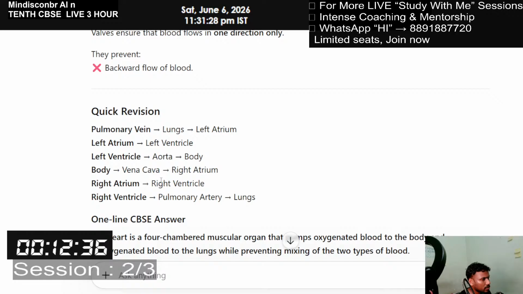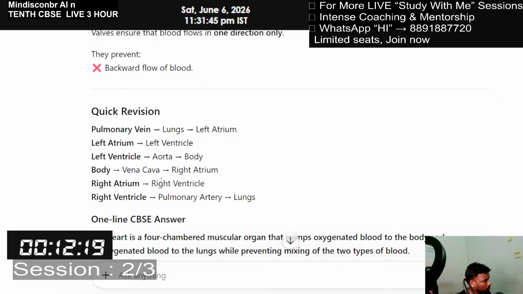Pulmonary veins are the veins that connect the lungs to the left atrium, so that it is a vein. So backflow of blood is prevented to the lungs.